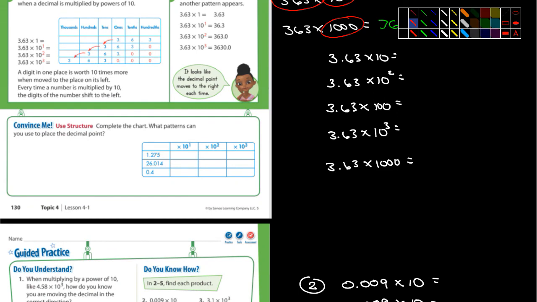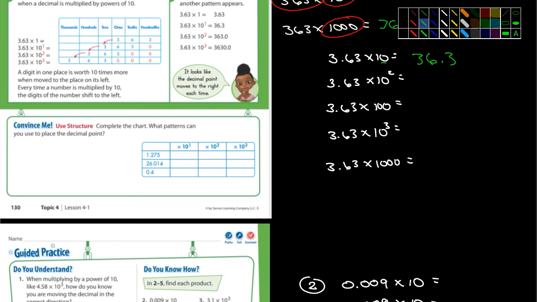Here we have 3.63 times 10. I'm going to move the decimal 1 place. Now it becomes 36.3. It's the same thing. I'm just moving the decimal.